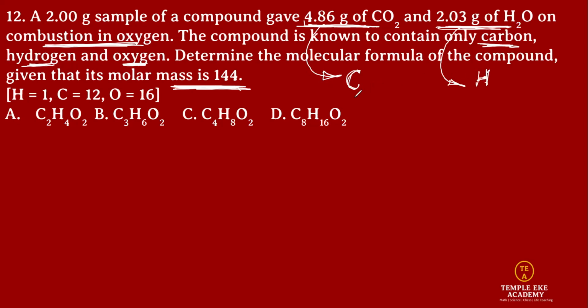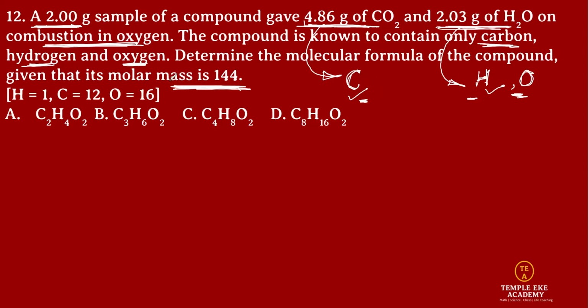And based on our knowledge of the mass of carbon and mass of hydrogen, we can find the mass of oxygen also present by taking advantage of the 2.0 gram total mass of the sample. So this will provide us the elemental composition of the compound: carbon, hydrogen, and oxygen. And from this, we can find the empirical formula. From the empirical formula, we proceed to the molecular formula.